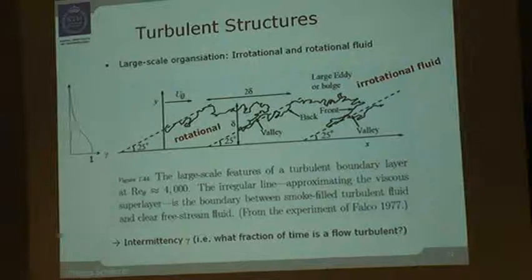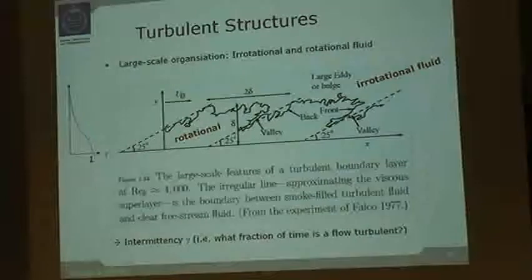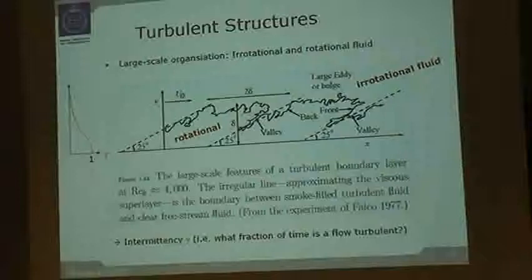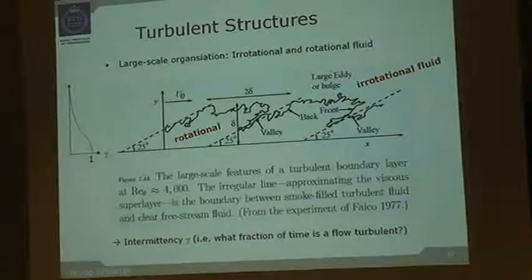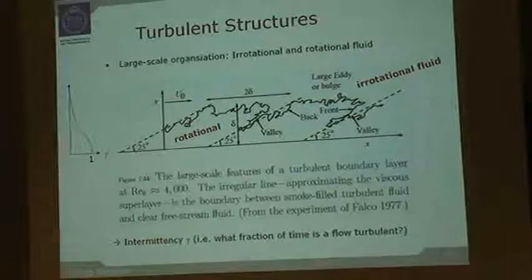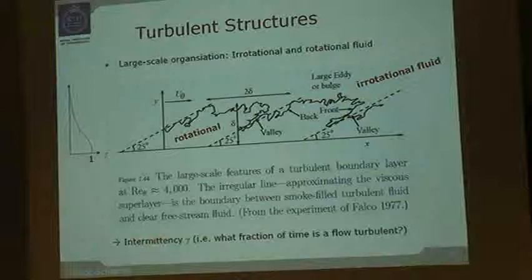And what we can see here is that, first of all, this edge of the boundary layer is not at all smooth, but rather very corrugated, and it's dominated by very deep valleys into the near-wall region. By looking at such pictures, we can come up with measures, angles of these valleys, and approximate scalings, lengths or heights of these structures.